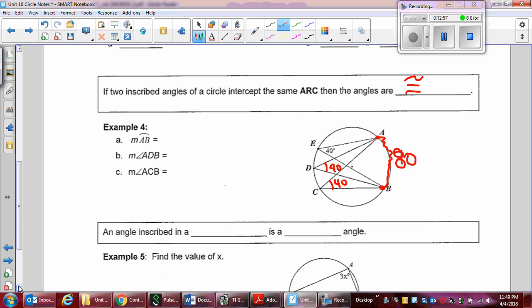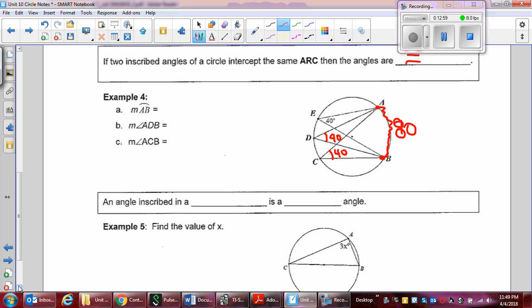The last thing we have to do is an angle inscribed in a semicircle. A semicircle is what kind of degree? 180 degrees.